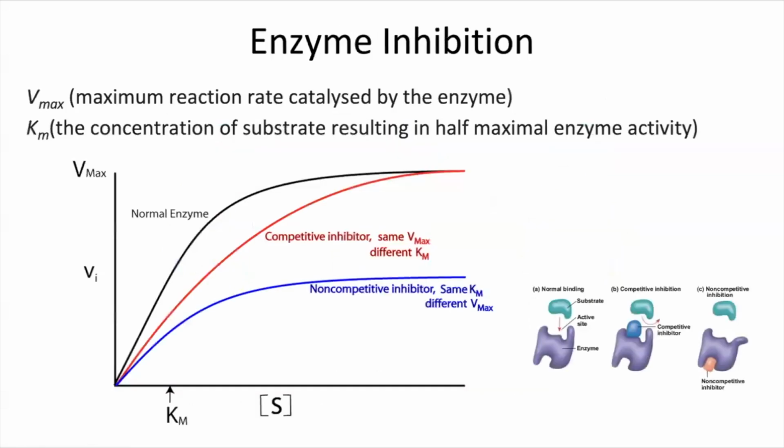So putting it all together, we can plot the activity of an enzyme, right? And I'll walk you through this. Horizontally, we have the x-axis here. That's how much substrate you have, right? How much of that material the enzyme is going to go to work on.